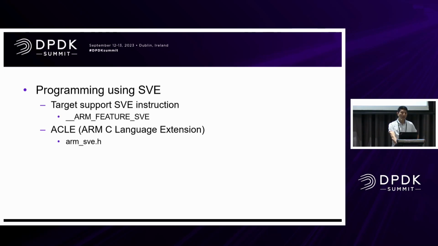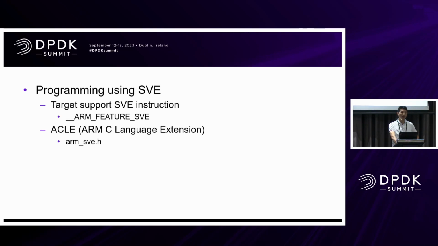But when programming to use this engine, we need to first check if the hardware has the feature support. First, we need to test the ARM feature SVE. This macro will be defined at compilation time if the target platform has this extension support.